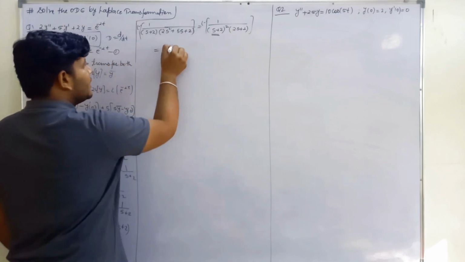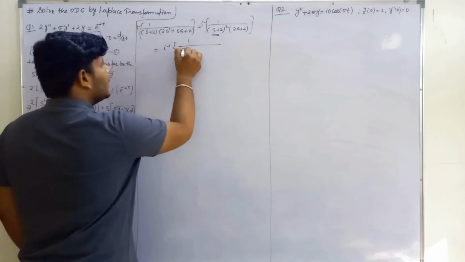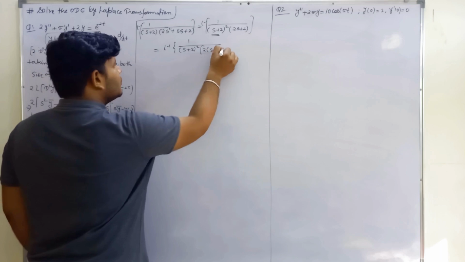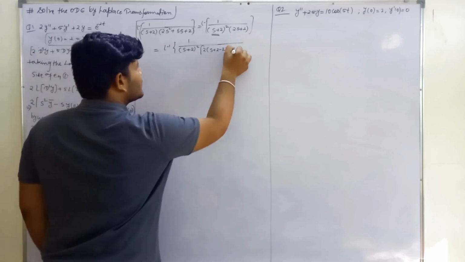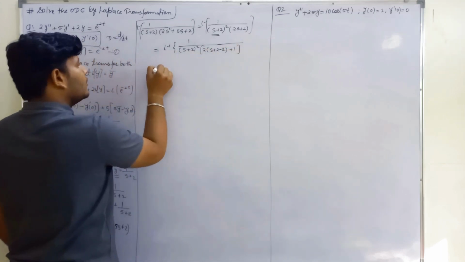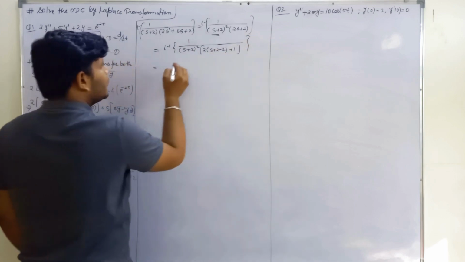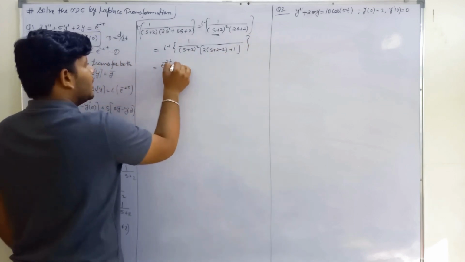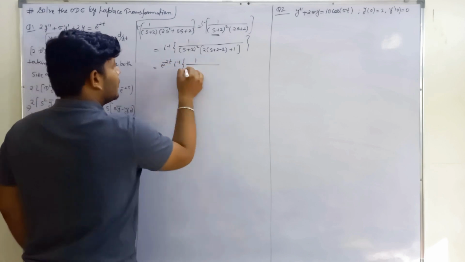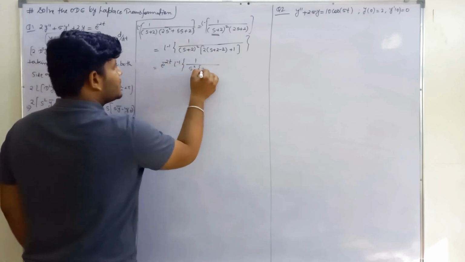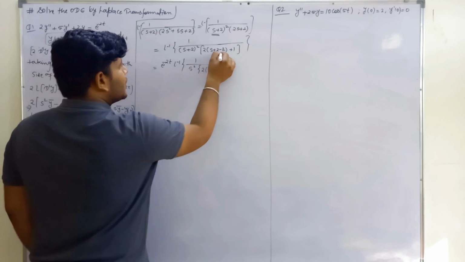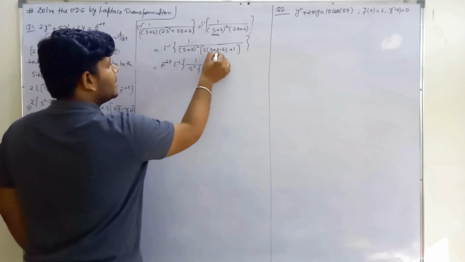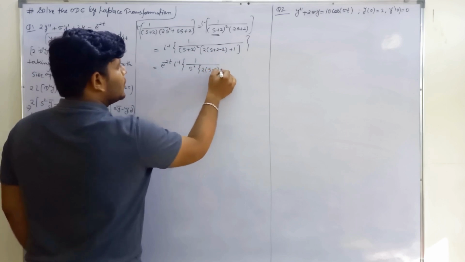Here is also shifting, then Laplace inverse of 1 upon s plus 2 whole square, then 2s plus 2 minus 2 plus 1 here. Okay, now it will be in the form of shifting, like e to the power minus 2t Laplace inverse of 1 upon s square, and it is nothing but 2s, and this complete thing I'm taking only this plus, so minus 2 plus 1.